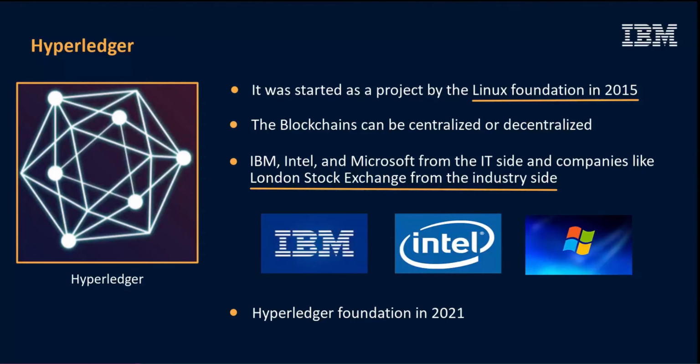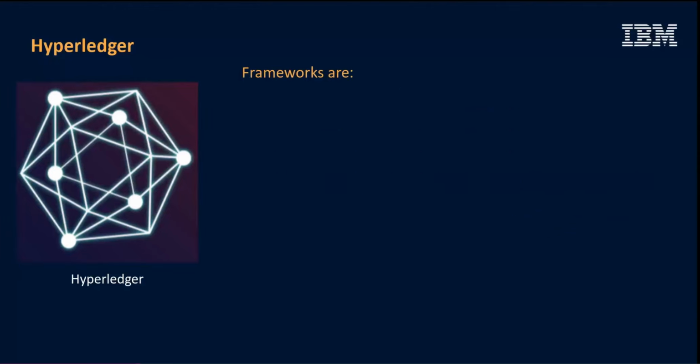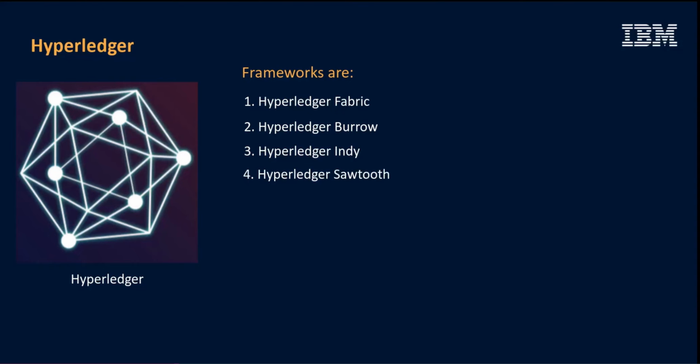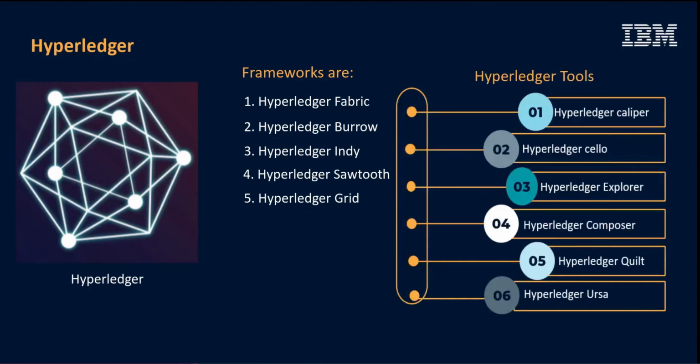Hyperledger provides important frameworks for development. Some of them are Hyperledger Fabric, Hyperledger Burrow, Hyperledger Indy, Hyperledger Sawtooth, and Hyperledger Grid. Hyperledger Tools. Apart from the frameworks mentioned above, Hyperledger also provides useful tools like Hyperledger Caliper, Hyperledger Cello, Hyperledger Explorer, Hyperledger Composer, Hyperledger Quilt, and Hyperledger Ursa.